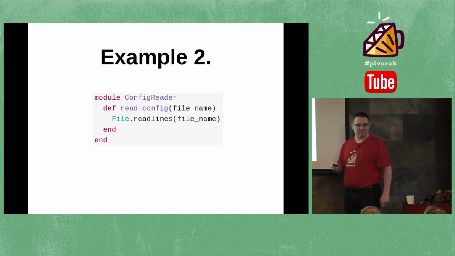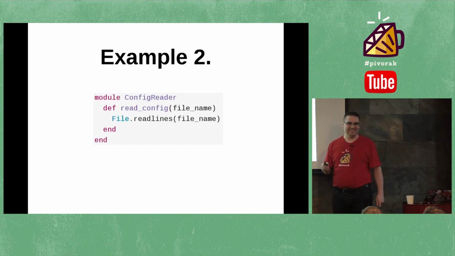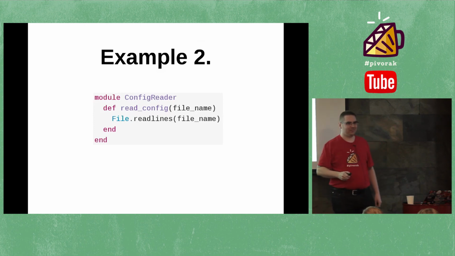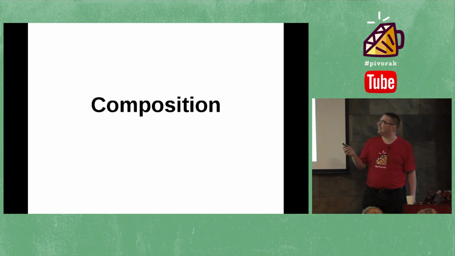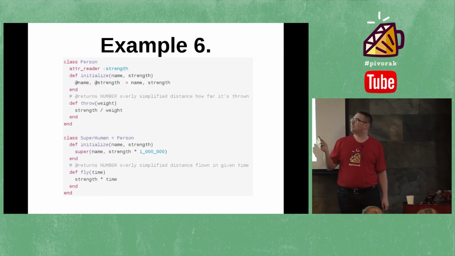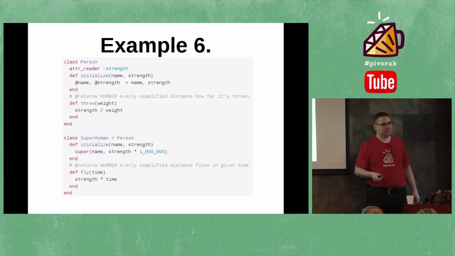More questions, or is it beer time? Actually, I had a small question regarding superhuman in the class. It seems like we can't add a new method called fly, because it breaks the Liskov substitution principle.